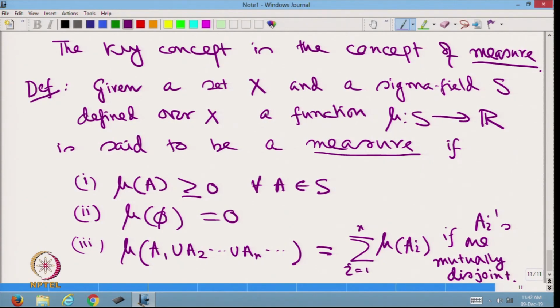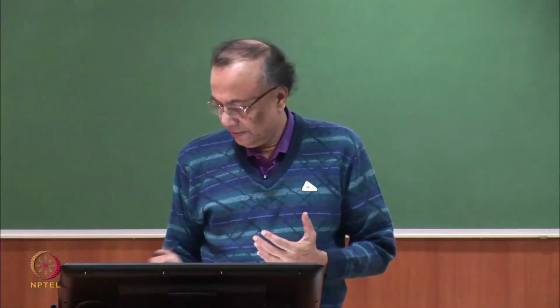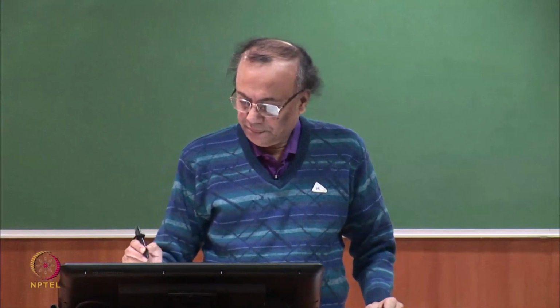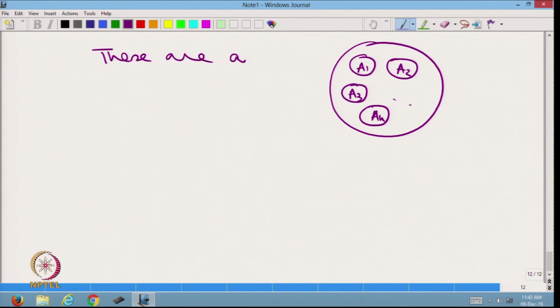That is, any two Ai if we take, then they have no intersection. For example, if this is my A, this is my A1, this is my A2, this is my A3, this is my A4, like that, we can see that these are all disjoint subsets of X.